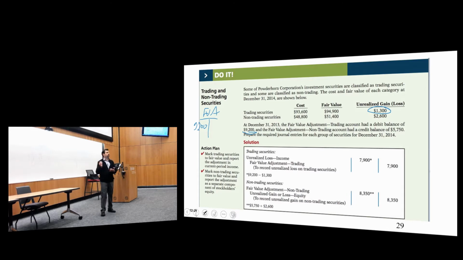So fair value adjustment will be on the credit side. You know that the balance on the credit side will have to be 1,300. How do you get from 9,300 to 1,300? By crediting the account 7,900. This is the adjustment.